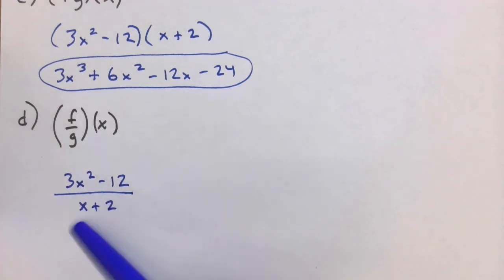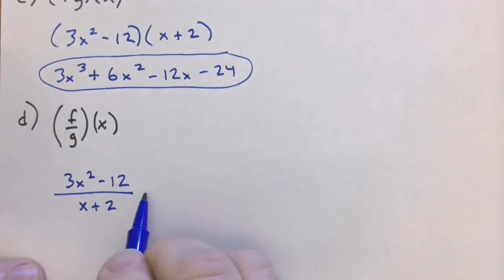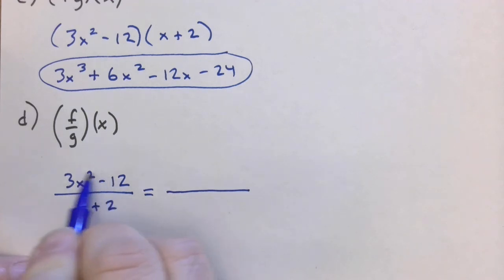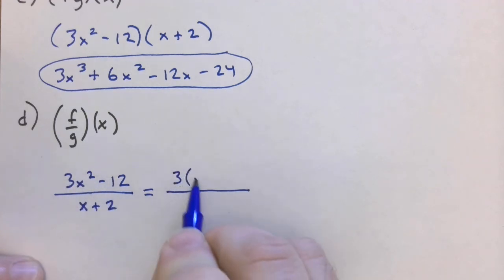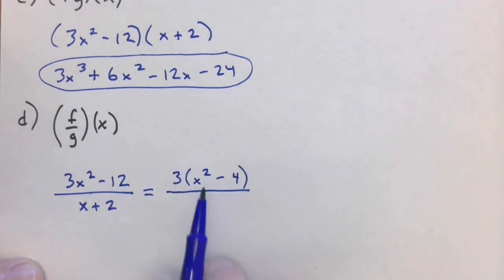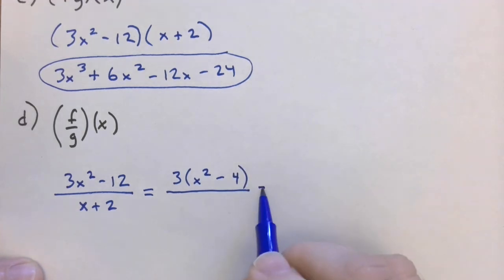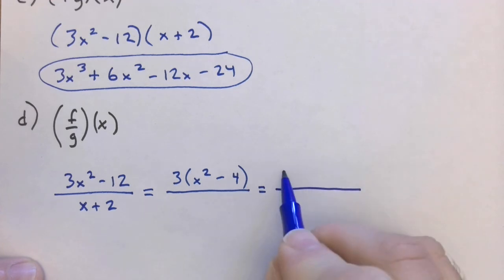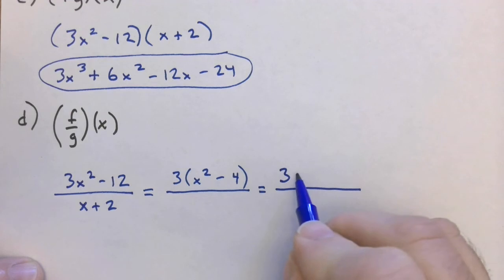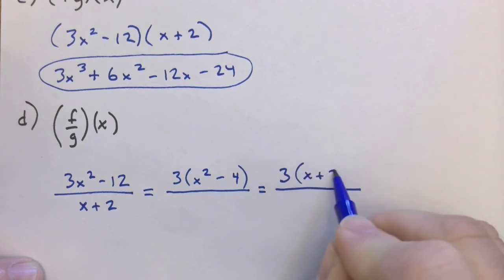Before we can go through and simplify this by canceling, we do need to factor the top and the bottom. Taking a look at the top, I see there's a common factor of 3 there. When you factor that 3 in front, you're left with x squared minus 4. We'd want to check our other factoring rules to see if that fits one of our patterns, and that is a difference of squares pattern.